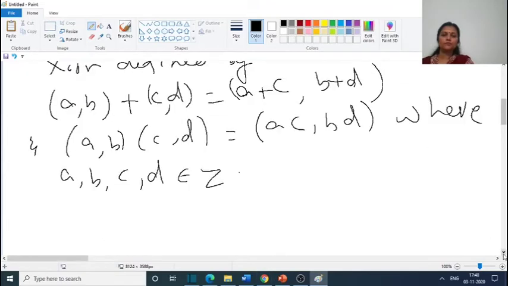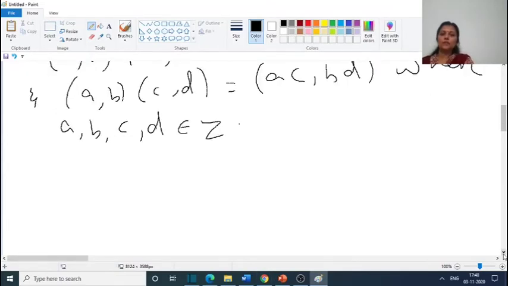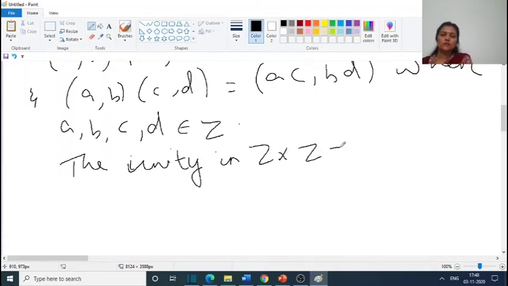Now we have to find the units. The unity in Z cross Z is (1, 1). The identity element is (1, 1). Now we have to find the inverses of each non-zero element.